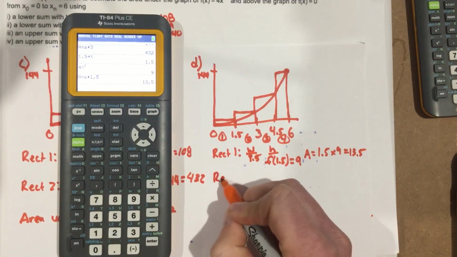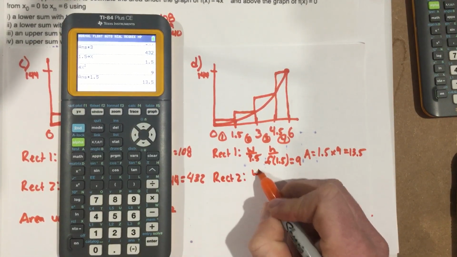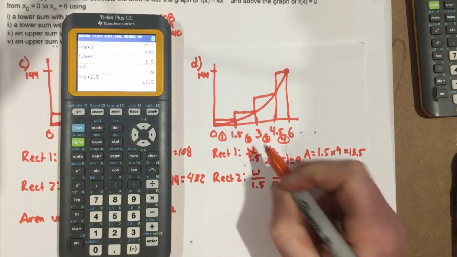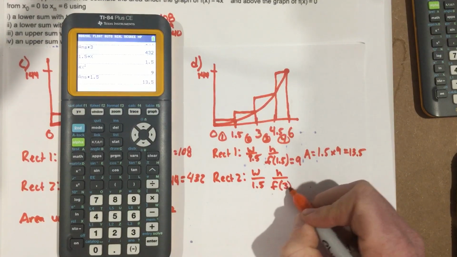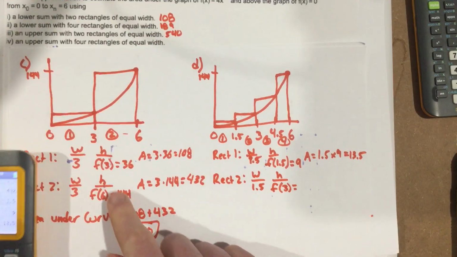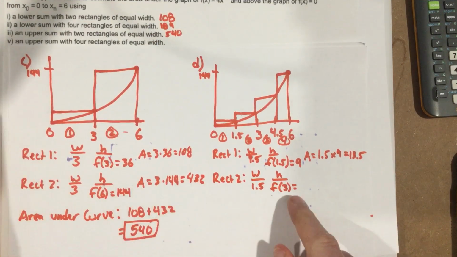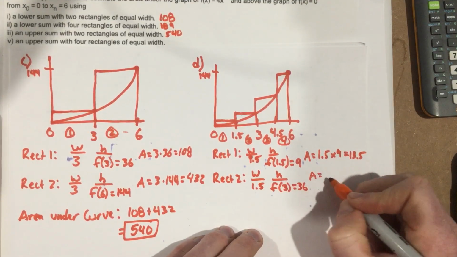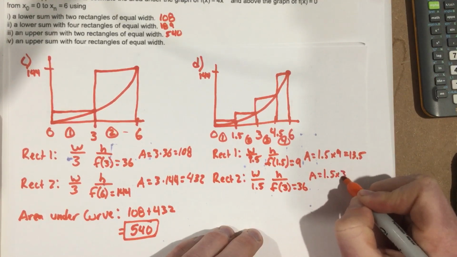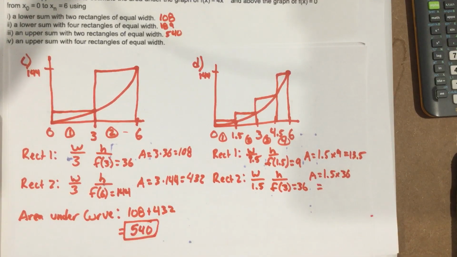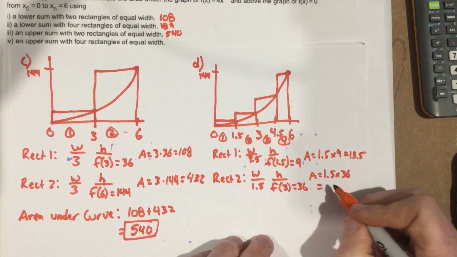Rectangle 2, width 1.5. Height is f of 3. Well, we know f of 3 was 36. So I'm going to write 36 there. So my area is 1.5 times 36, and that'll give me 54.